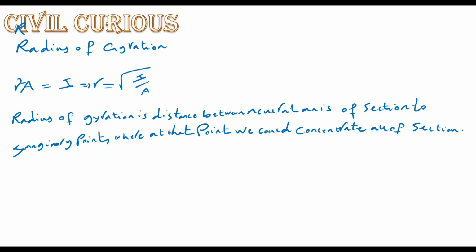I want to repeat the definition and once again read that for you. Radius of gyration is distance between neutral axis of section to imaginary point, where at that point we could concentrate all of section, and I wrote the equation for you, but be careful that radius of gyration mostly applies for compression element.